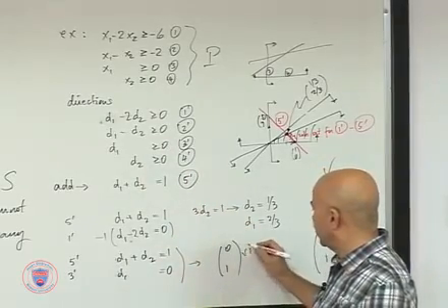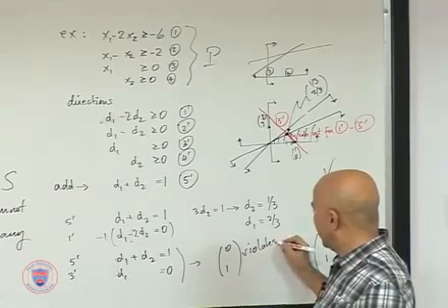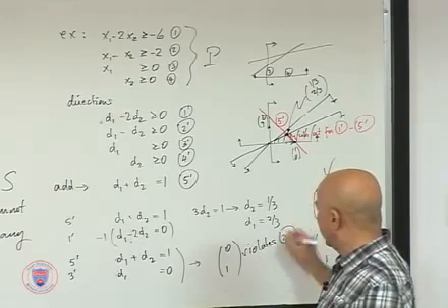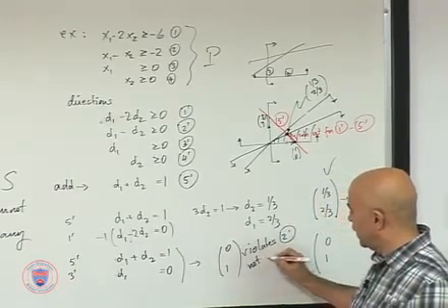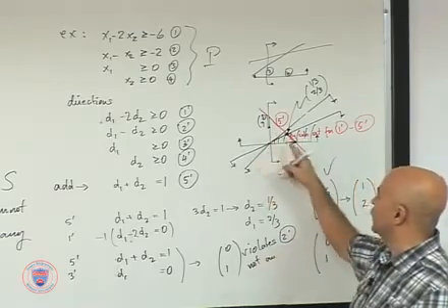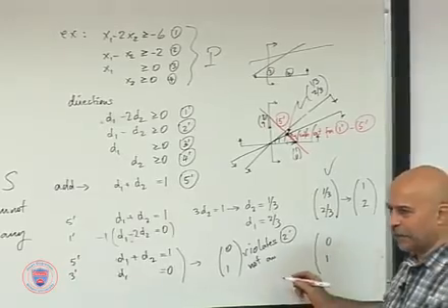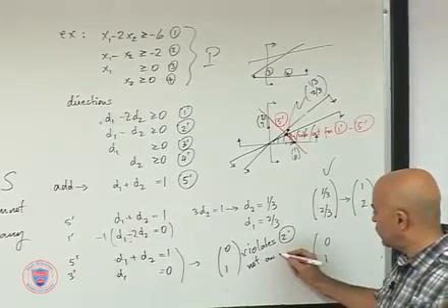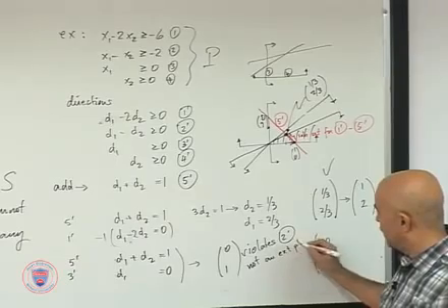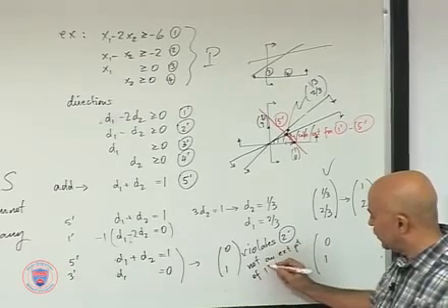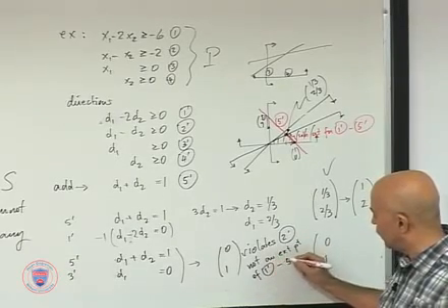So this violates 2 prime, which means it is not an extreme point of the enlarged set with 5 prime in, not an extreme point of the system defined by 1 prime through 5 prime.